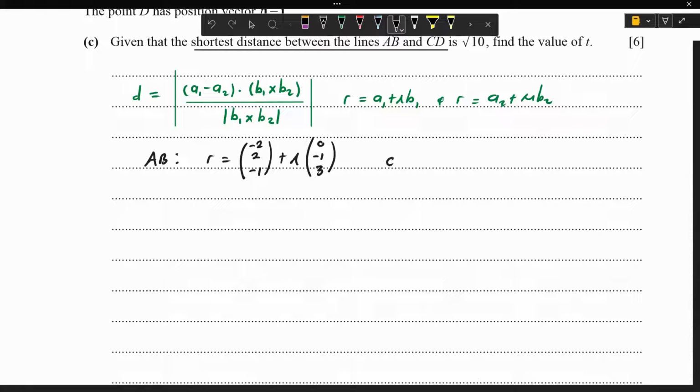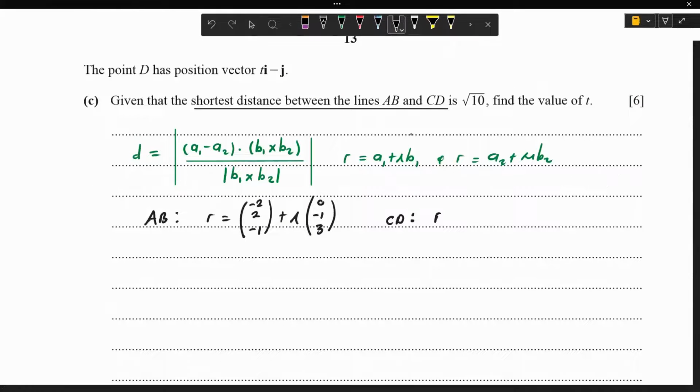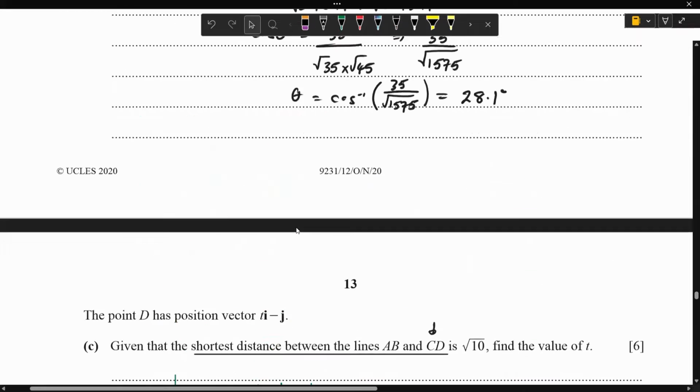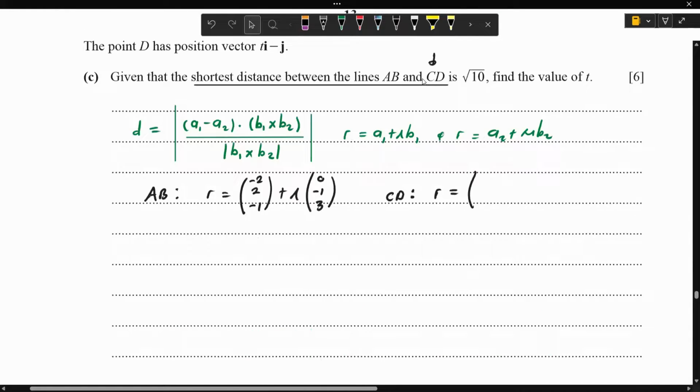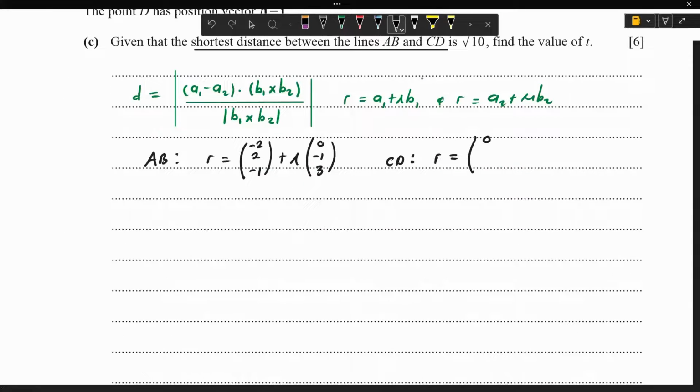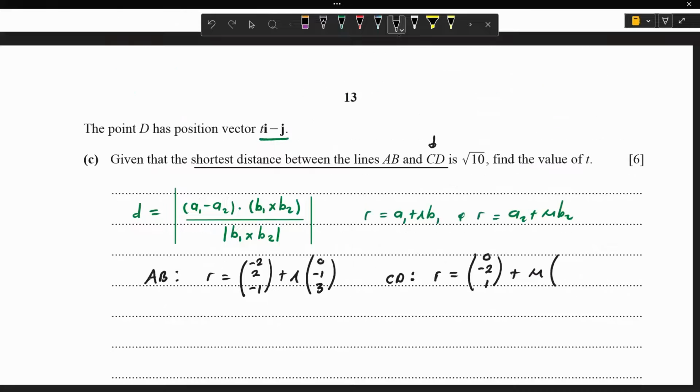And for the line CD, r is equal to, and we can take any point on the line. Let's take the point C. The point C is 0, minus 2, 1. So we have 0, minus 2, 1. All right. And that's going to be plus mu of, and now we need the direction vector of CD.